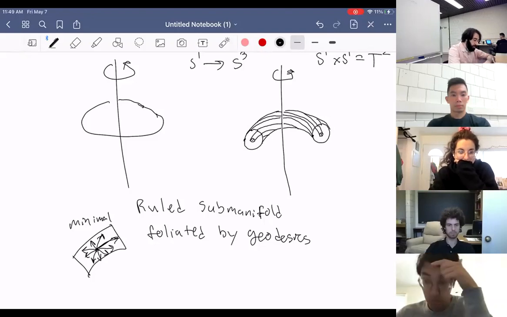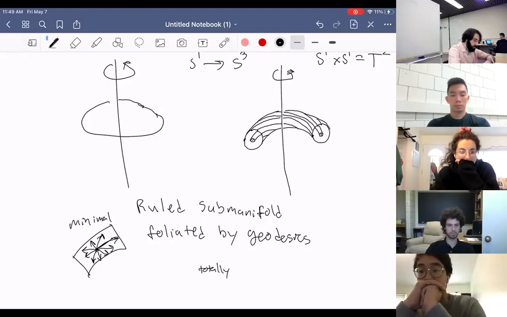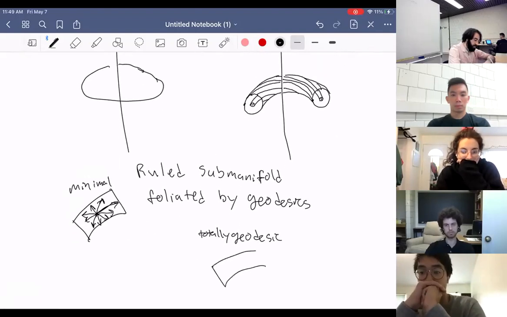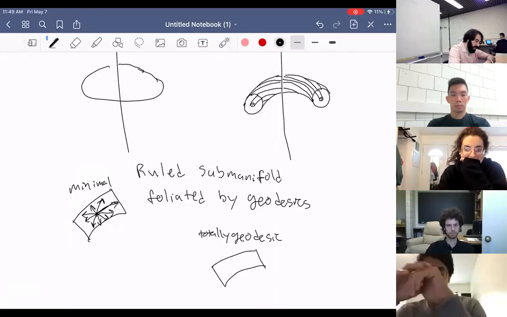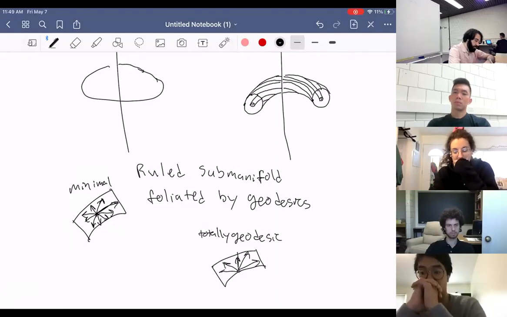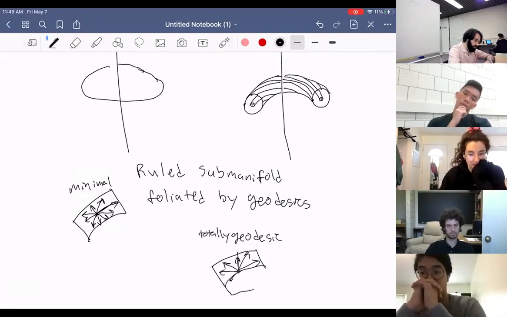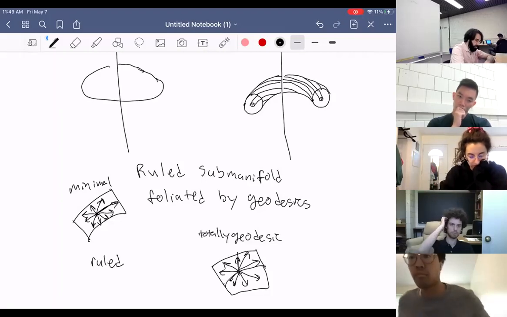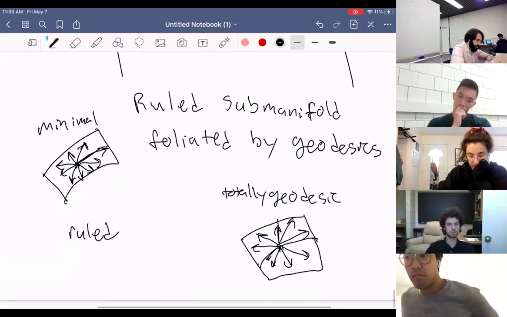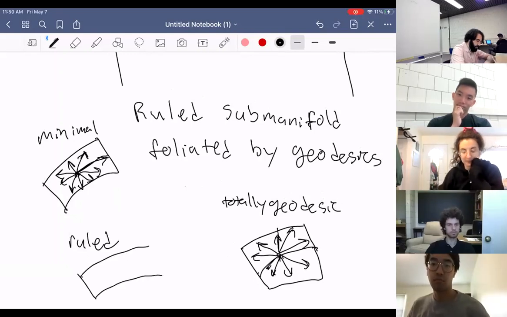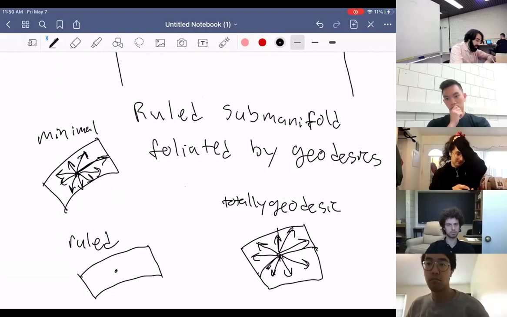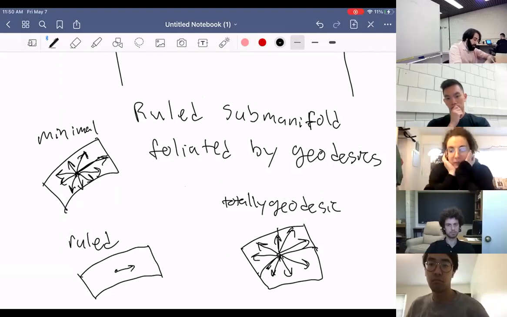And then totally geodesic means that in every single direction there's going to be 0 normal curvature. And a ruled submanifold just means that there exists a single direction, but at every point.